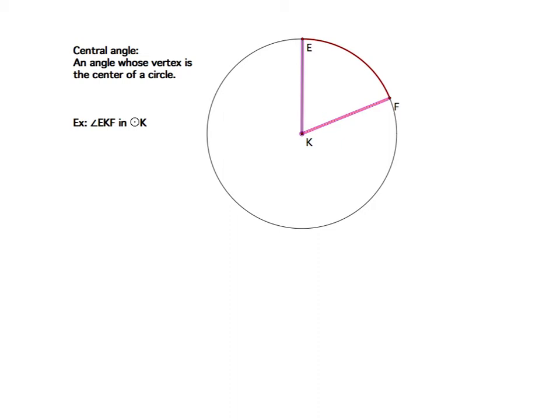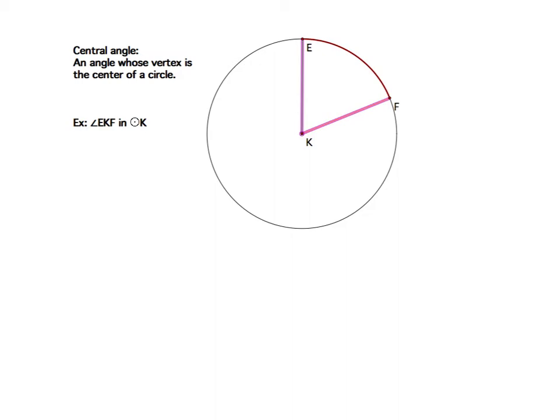So if we look at this picture here, we have circle K. A circle, of course, we name it by the center point, so circle K. And then the vertex of the angle has to be that center point K. So here we have angle EKF. That's a central angle. The center of the circle is the vertex of the angle.